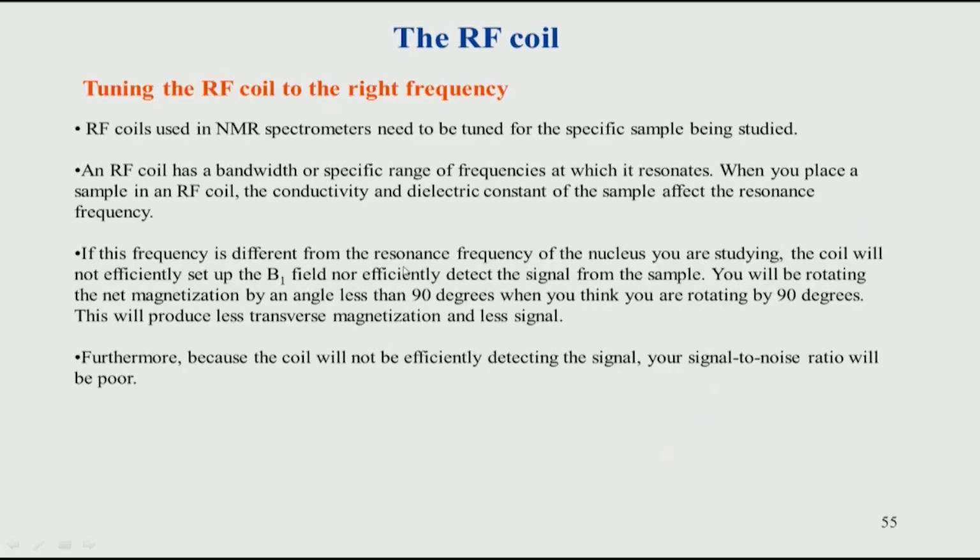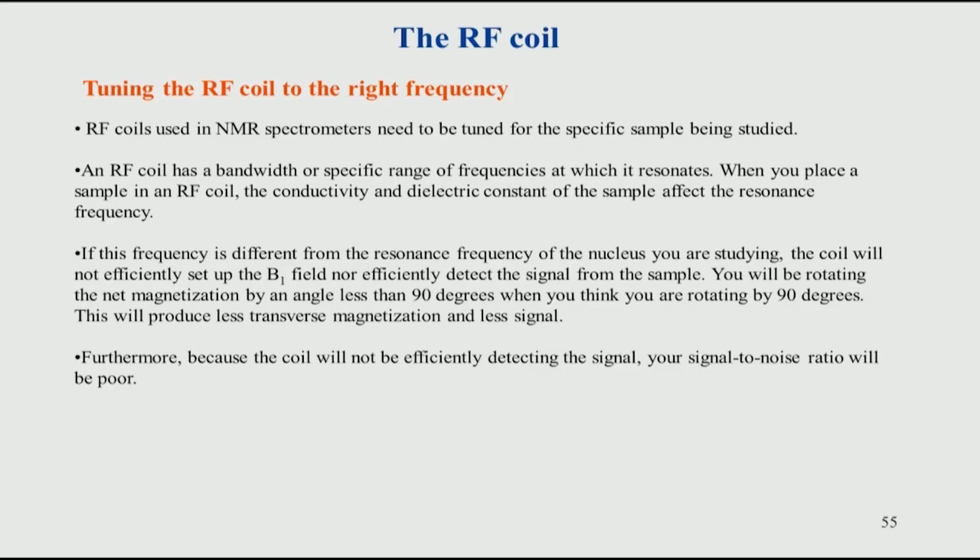The RF coils again depend on what kind of nucleus you are studying. Sometimes we study hydrogen, we look at proton, we look at carbon 13, we may look at fluorine, 19F, or we may be studying phosphorus and silver and so on. As we saw in the very first class, this is called the NMR periodic table.